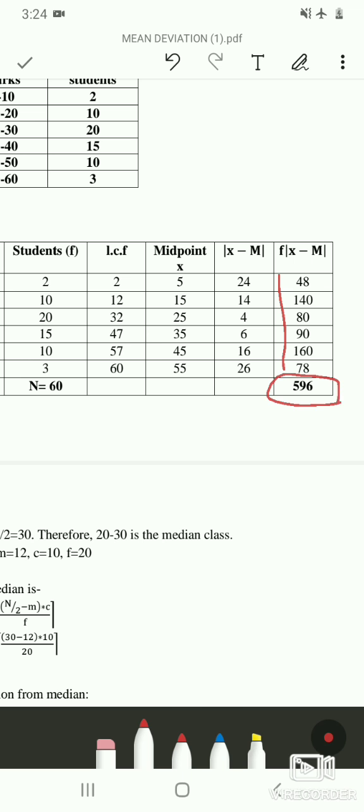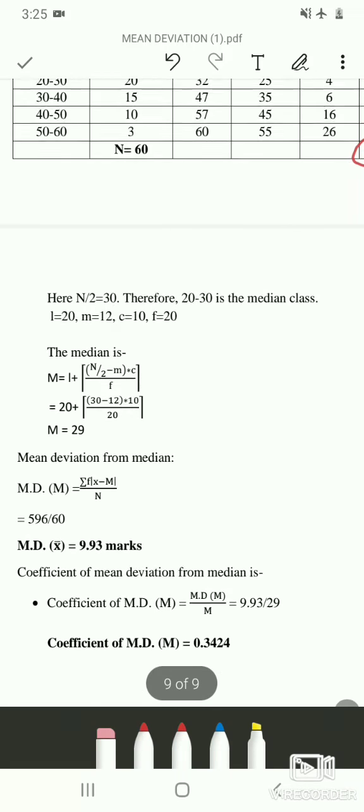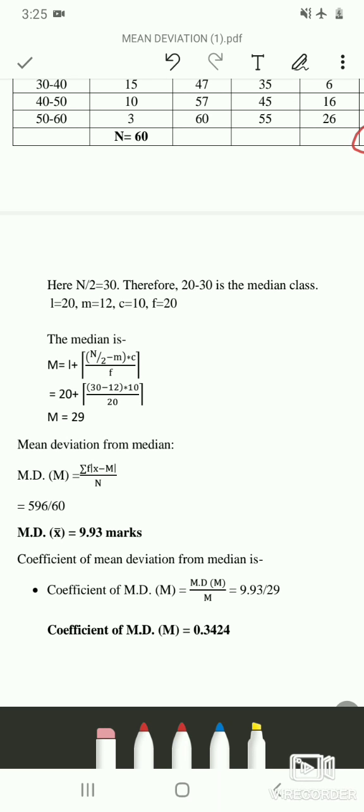So the answer is 596, and then substitute it in the formula. So mean deviation from median, the formula is summation f into absolute value of x minus m upon capital N, and here the numerator is 596 and capital N is 60.